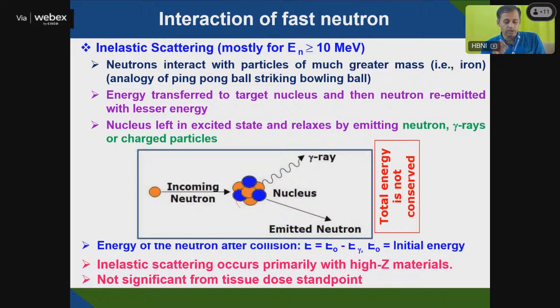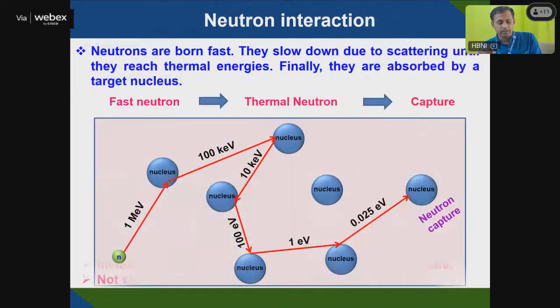Here the nucleus is left in an excited state and relaxes, emitting gamma rays or charged particles. Inelastic scattering occurs predominantly in high Z materials and is not significant in tissue. If you see body tissue, the fast neutron doesn't affect much; it is mostly high Z material that you see.